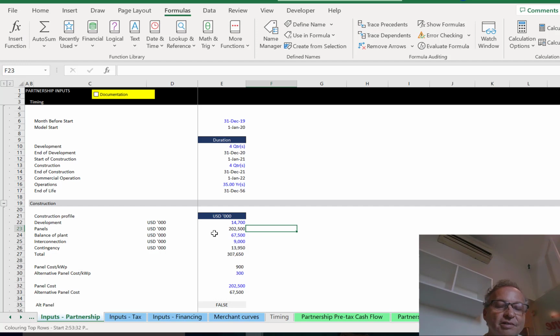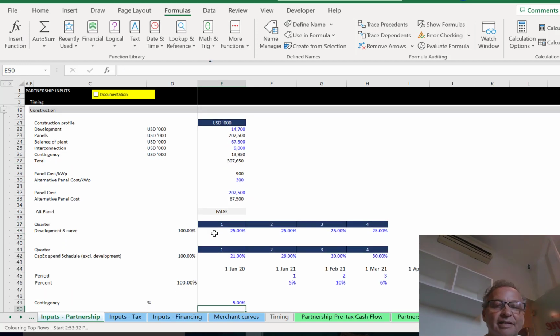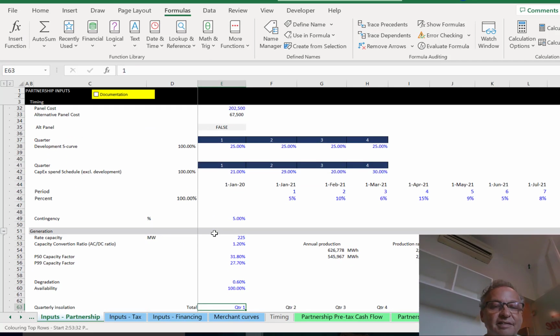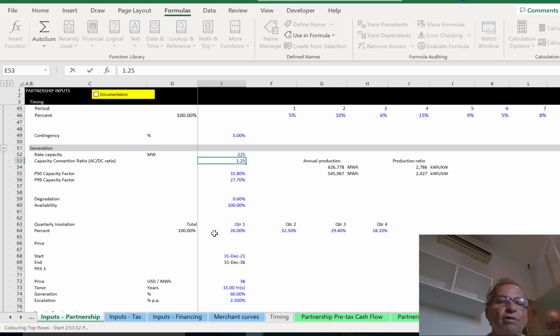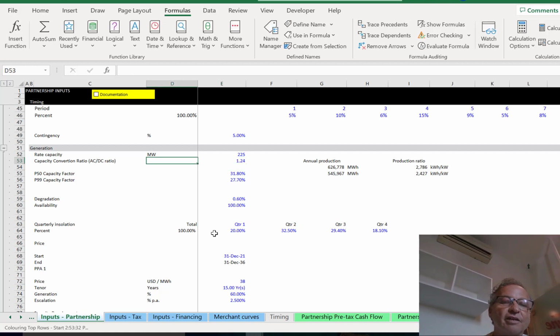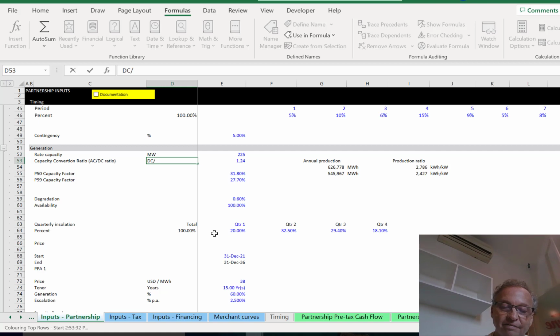Now, the poor person who did this, I don't think he understood that this AC to DC. AC is after the inverter and DC, and we put 1.2. Well, of course, it's 1.24, and we can call this DC divided by AC.